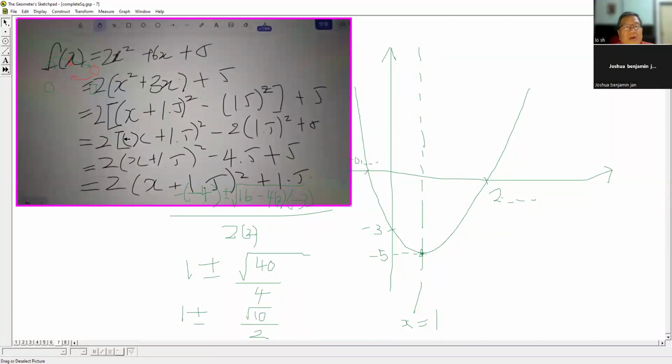Oh, this is good. This one correct. This one I have to see, 2.25, 4.5, correct. Then this is plus 5. Negative 4.5 plus 5 is positive 0.5.